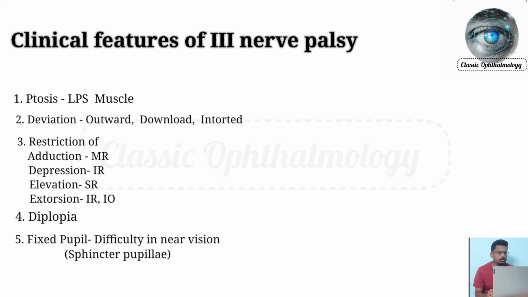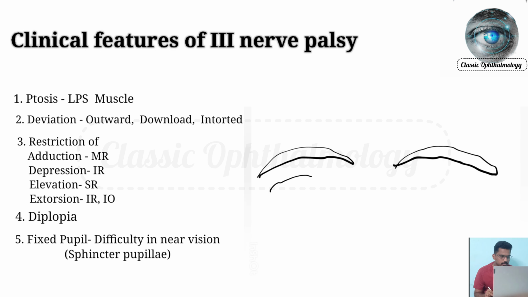Third nerve paralysis: ptosis, outward and downward deviation of the eyeball, diplopia, and sometimes a fixed, mid-dilated, non-reacting pupil due to involvement of the sphincter pupillae. Now suppose in this case the right oculomotor nerve is involved. This is the right eye, this is the left eye.